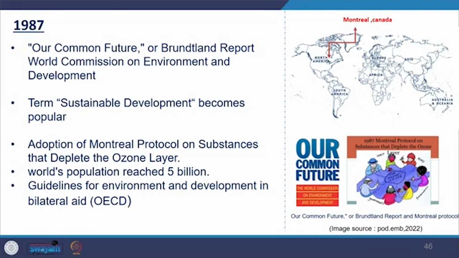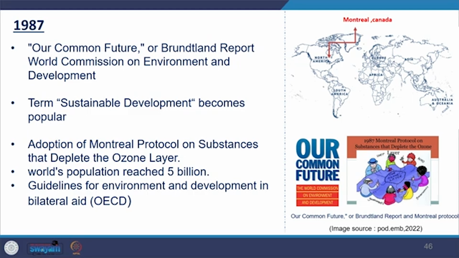In this time, we also witnessed the adoption of the Montreal Protocol on substances that deplete the ozone layer. So with the scientific understanding, we also had the protocol here. And by 1987, the world's population reached 5 billion.